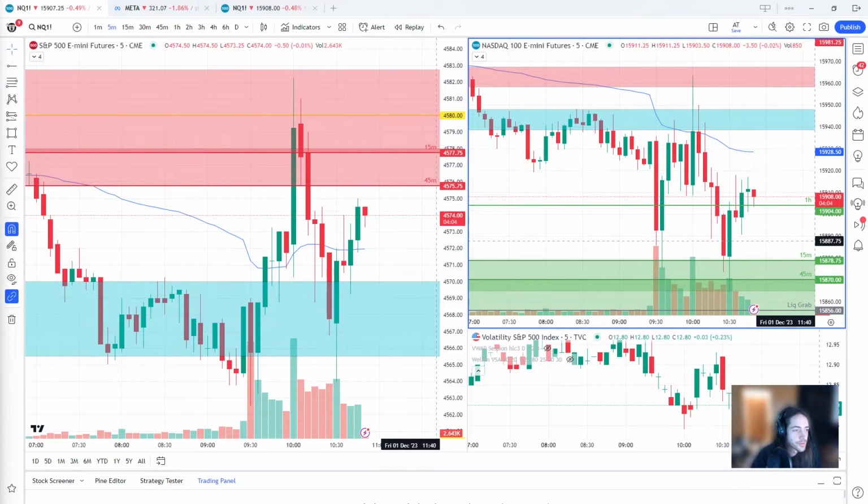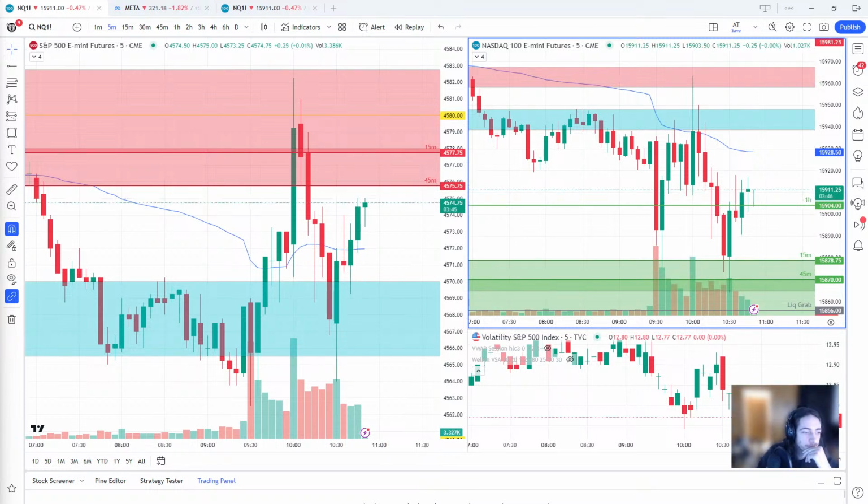No way sellers fail to bring us lower here. Get out of here. Bro, I should have listened to myself and stopped trading before. Apple looks like it wants to go higher. This is ridiculous.